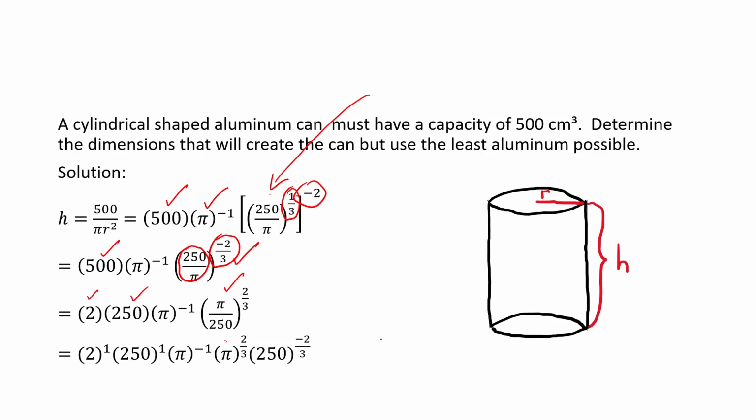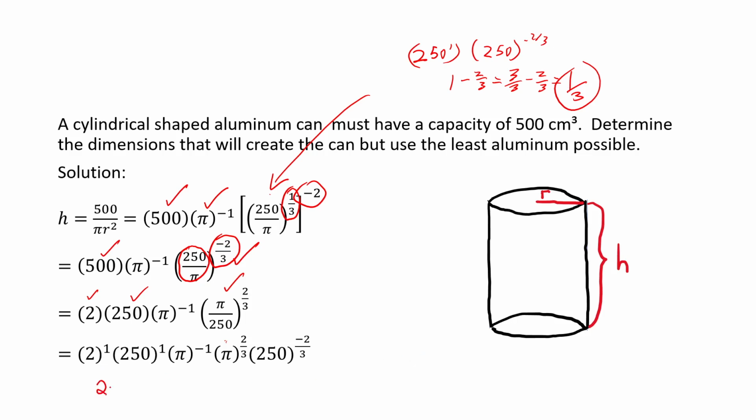Now, one of those factors is 250 to the 1, and another one is 250 to the exponent negative 2/3. Well, if I'm going to multiply those two, I just have to add the exponents. I just have to evaluate 1 minus 2/3. Well, 1 minus 2/3 is the same as 3/3 minus 2/3, which is 1/3.